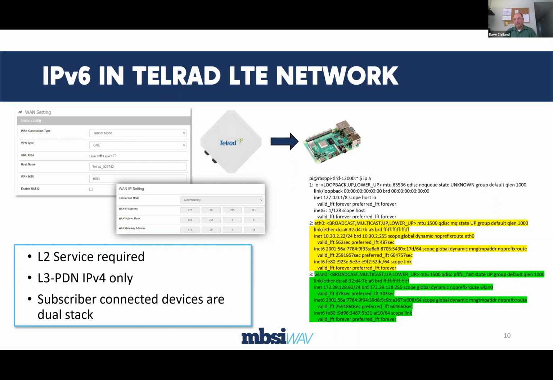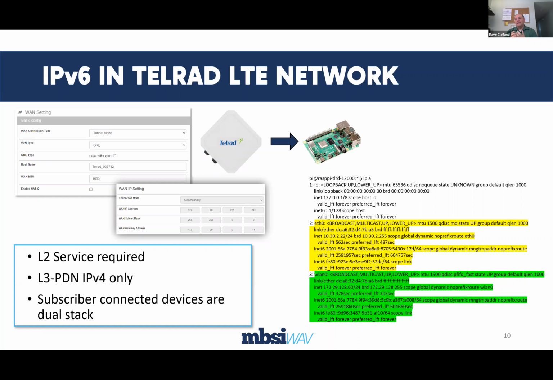The system itself, for those of you who have been on one of my Telrad LTE courses, you know that the layer 3 PDN in Telrad's LTE system right now is only IP version 4 capable. It is not IP version 6 capable yet.